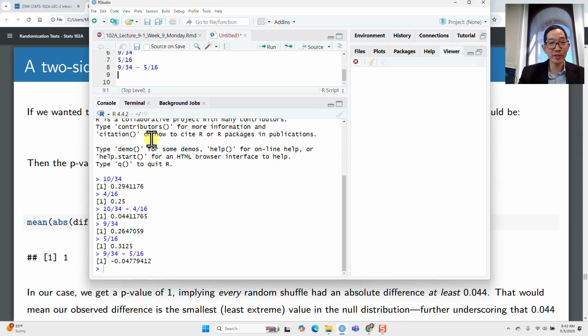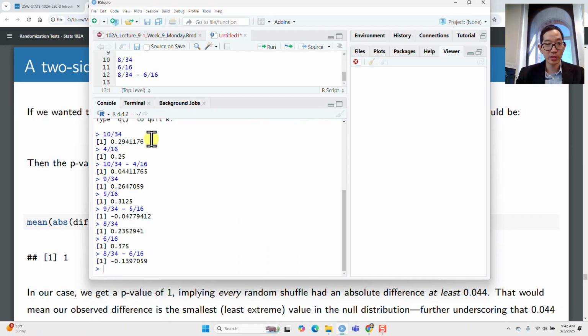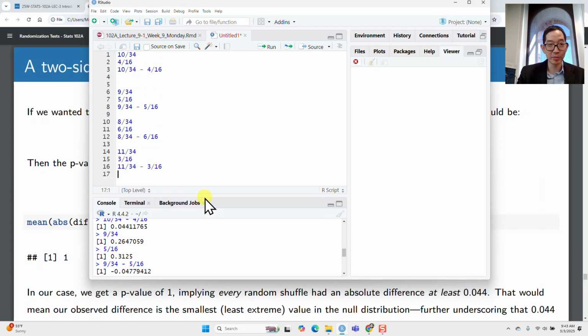And then anything further in that direction, like an 8-6 split, is going to give me an even more negative number. Okay, even more negative, and then the other being kind of 11 and 3. Okay, you get something more positive.